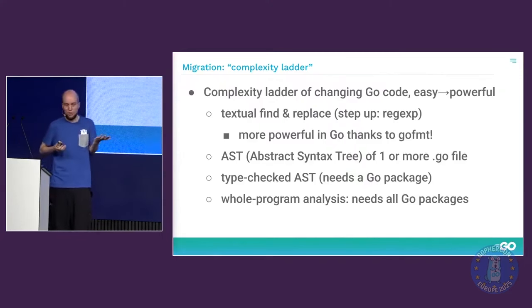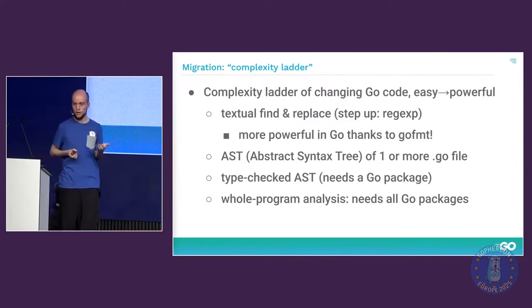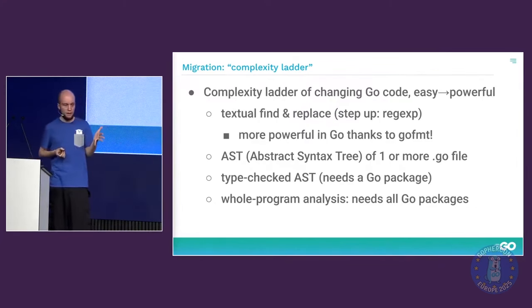The next obvious step up from textual find and replace, of course, is using regular expression find and replace, which gives you a little bit more power, but ultimately also falls short. So the next step you would reach for is the AST. This is the abstract syntax tree, which is the technical term for how a compiler understands and thinks about the source code that you give it.